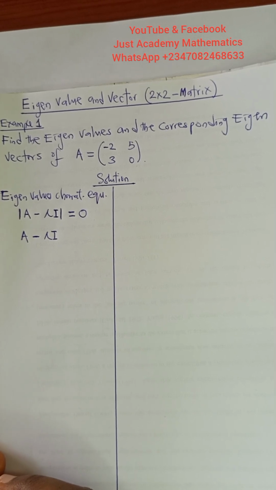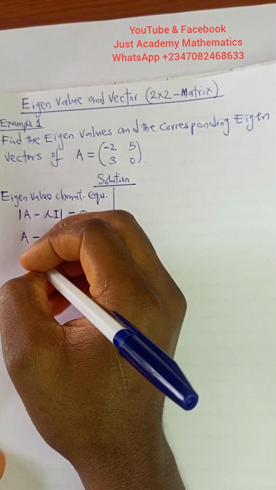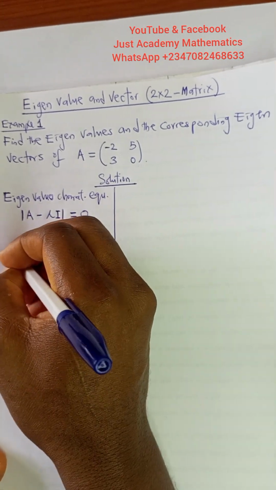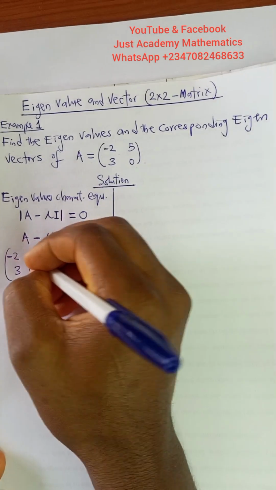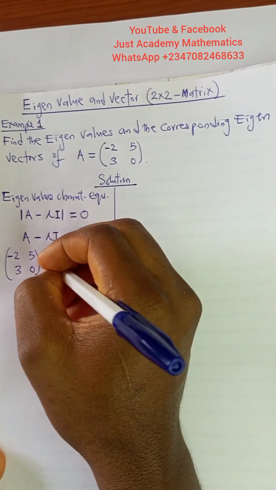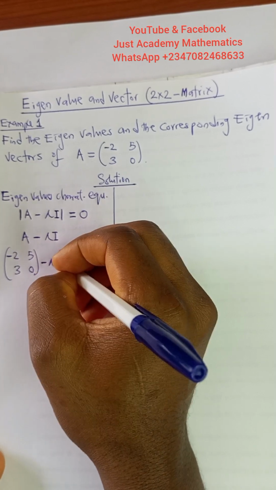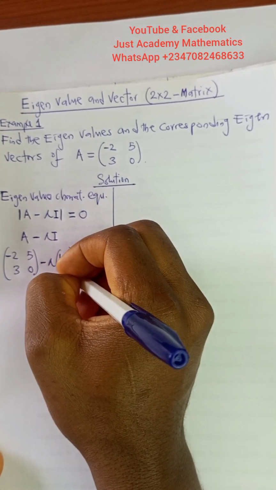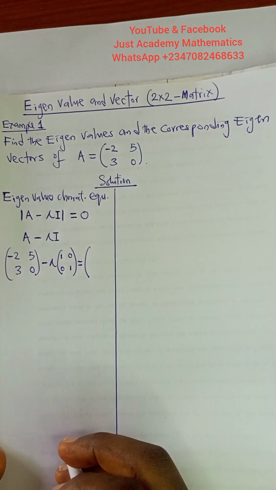What is A? A is -2, 3, 5, 0 minus lambda times the identity, which here is 1, 0, 0, 1.